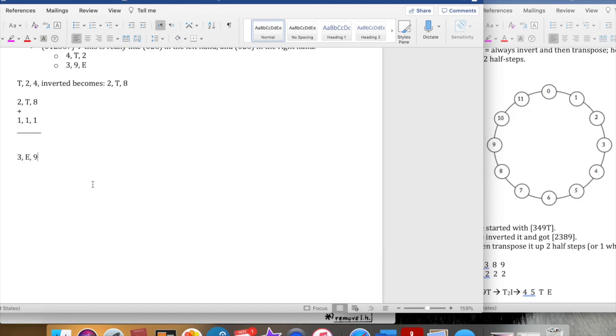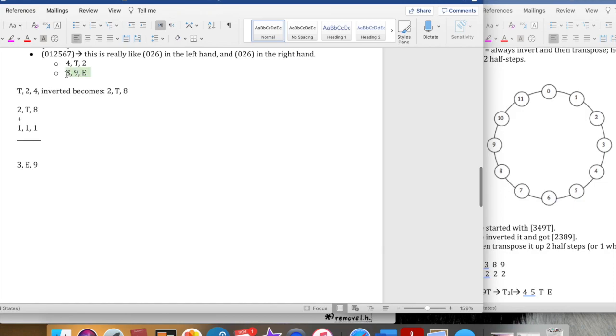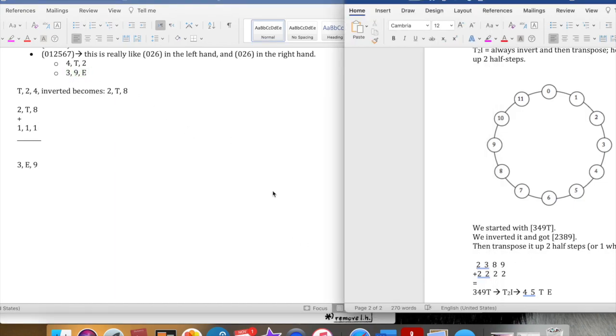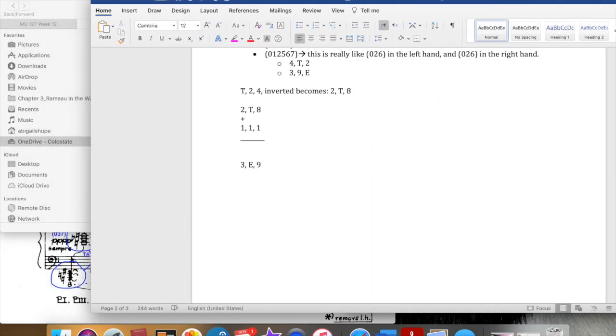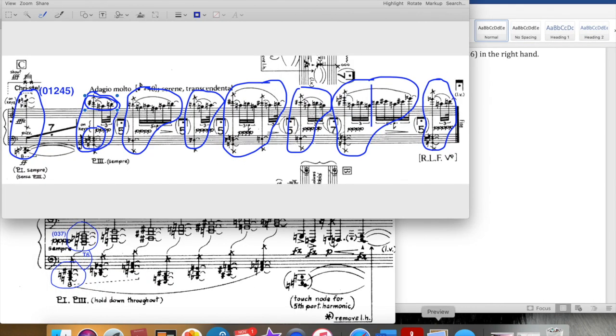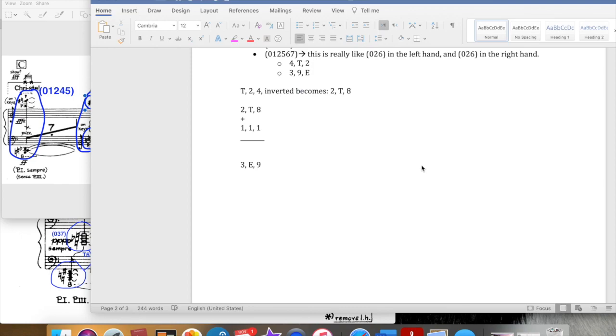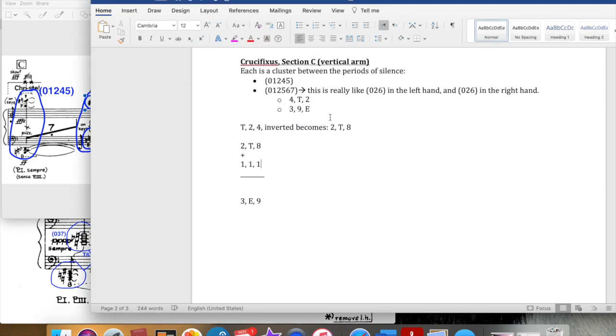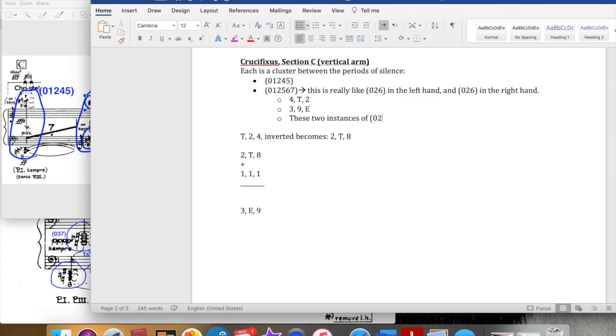So 3, 11, 9. And that's what we know has showed up as our next set in the piece. So that's the relationship between the right and left hand here. Let's add that to some notes. These two instances of 0, 2, 6 are related by T1I.